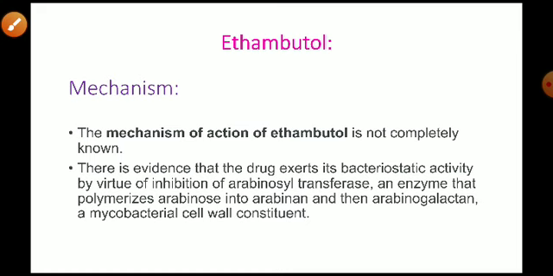The next drug, ethambutol. This is also from the same class, first line antitubercular drug. And the mechanism of ethambutol, listen carefully. It shows bacteriostatic activity by inhibition of arabinosyl transferase.